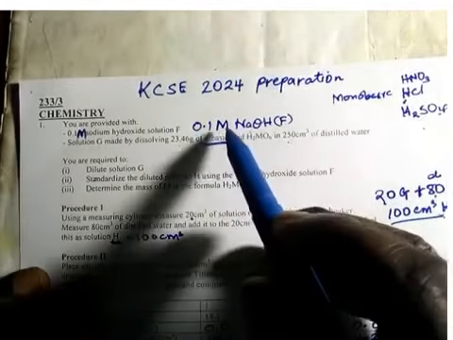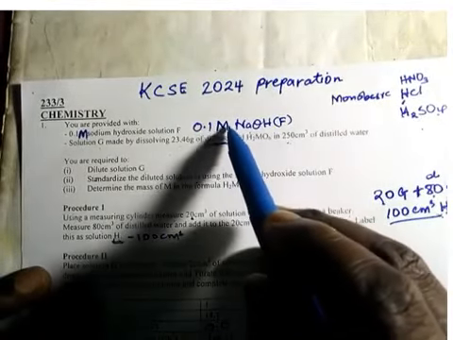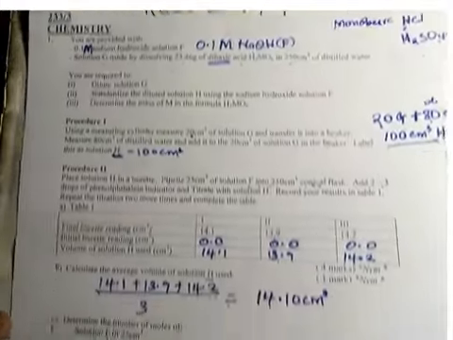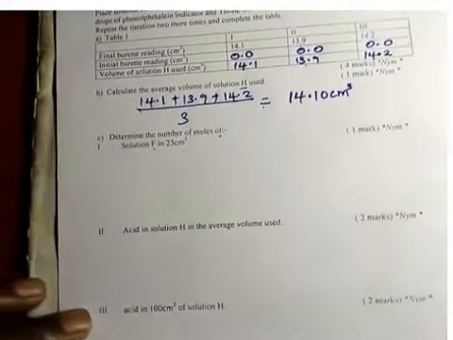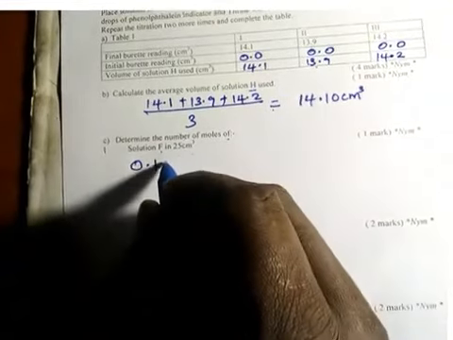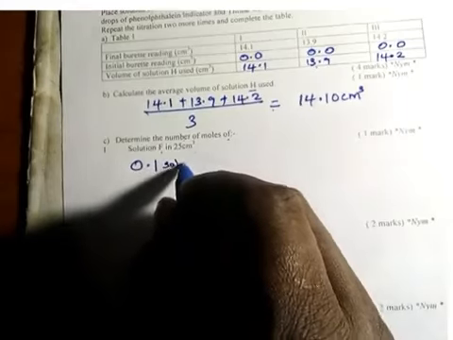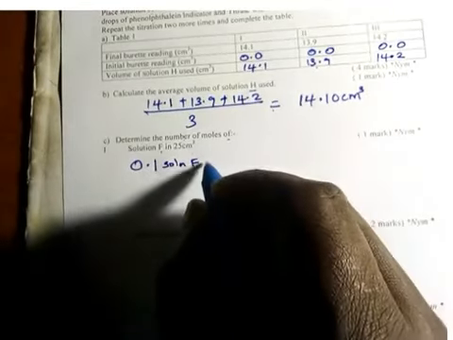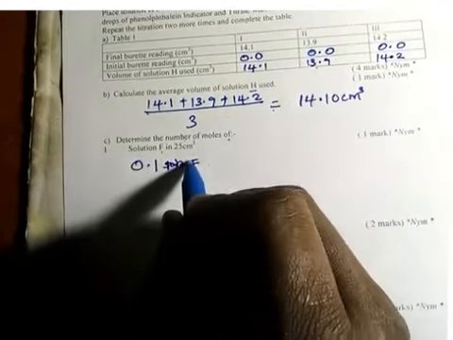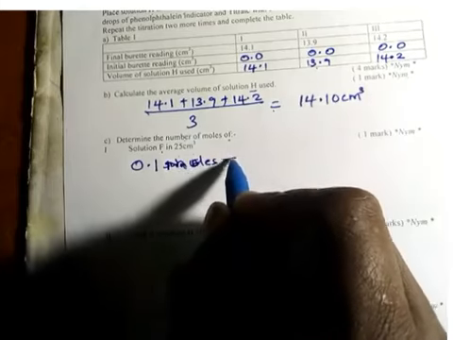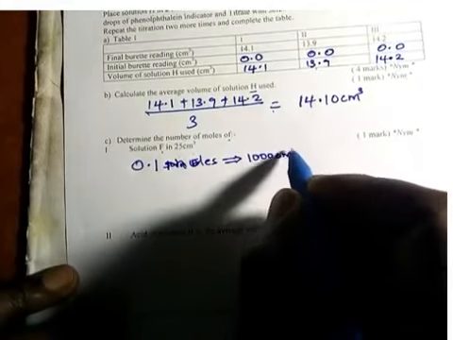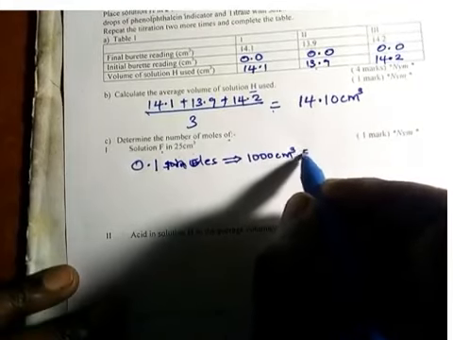The capital M stands for molarity, and the molarity is the number of moles in 1,000 cm³. So 0.1 moles of solution F are contained in 1,000 cm³.